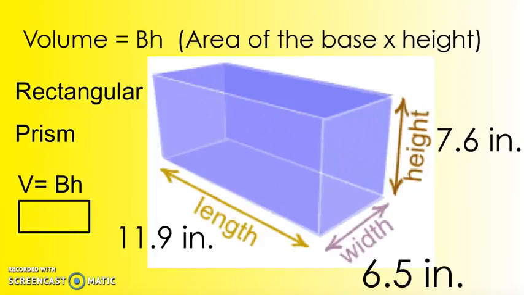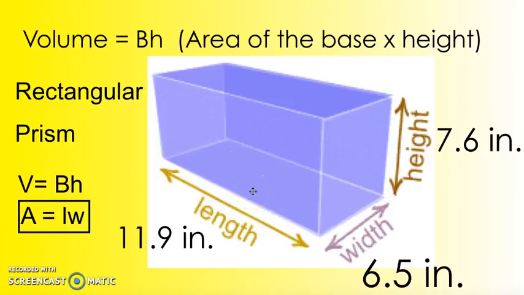I know right away that to find the area of a rectangle, it is length times width. So I'm going to make that note, and I want you to always make a note also in homework. I want you to either draw the shape and put the formula inside of it, or write out rectangle and then put the formula next to it. But either way, I want you to always make note of what shape the base is.